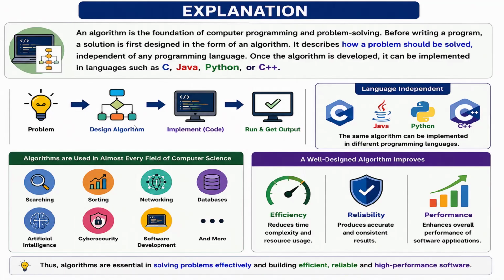This algorithm we are going to implement in coding. So we design a solution as an algorithm and implement it in a program. That program we compile and run, and we get the output.